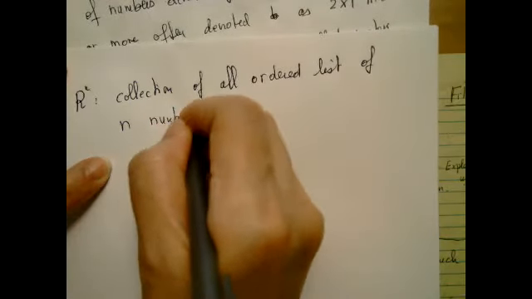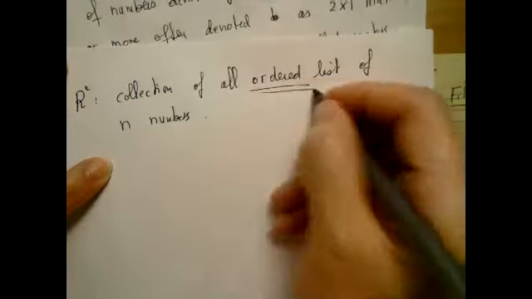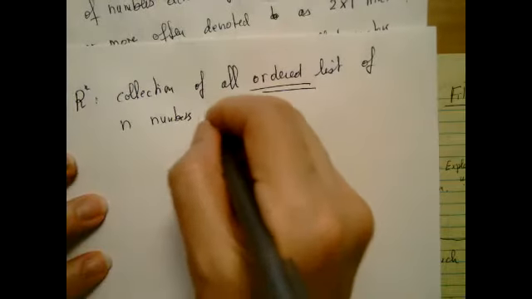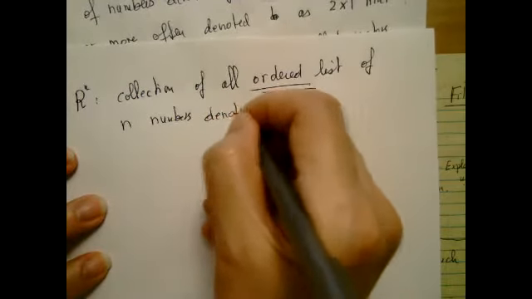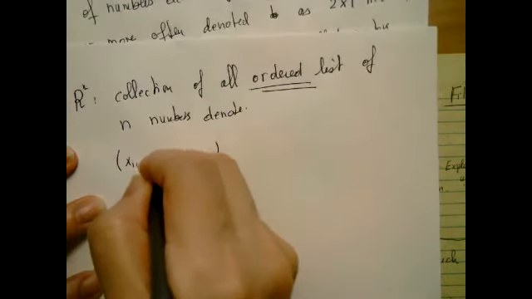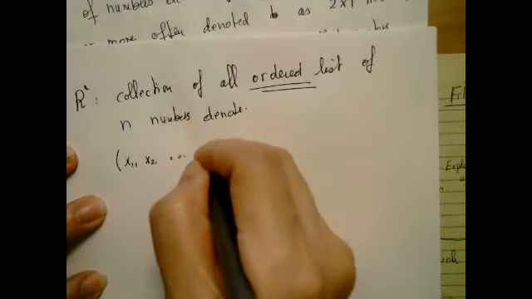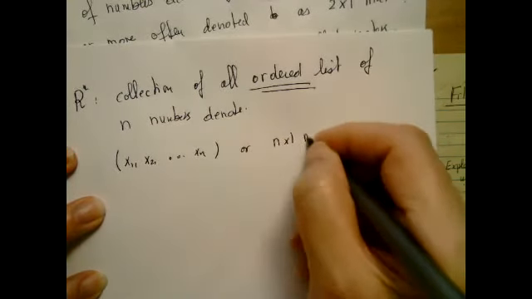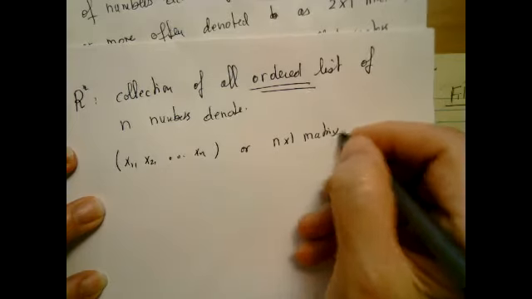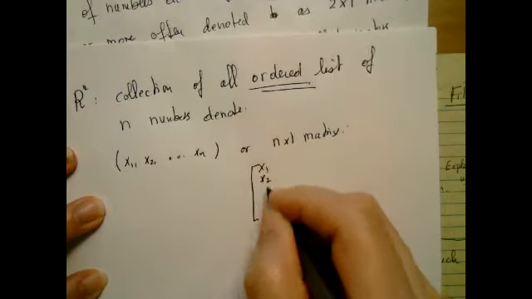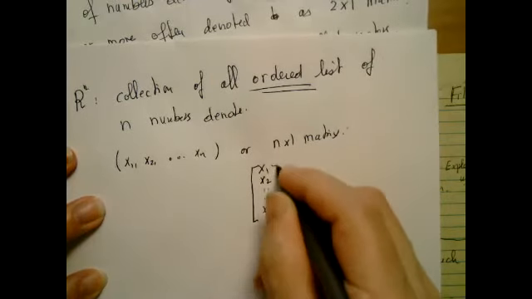Ordered means the order we put the numbers in is important. We denote them either sometimes between brackets x1, x2, etc. to xn, or as an n by 1 matrix, which is x1, x2, all the way to xn.